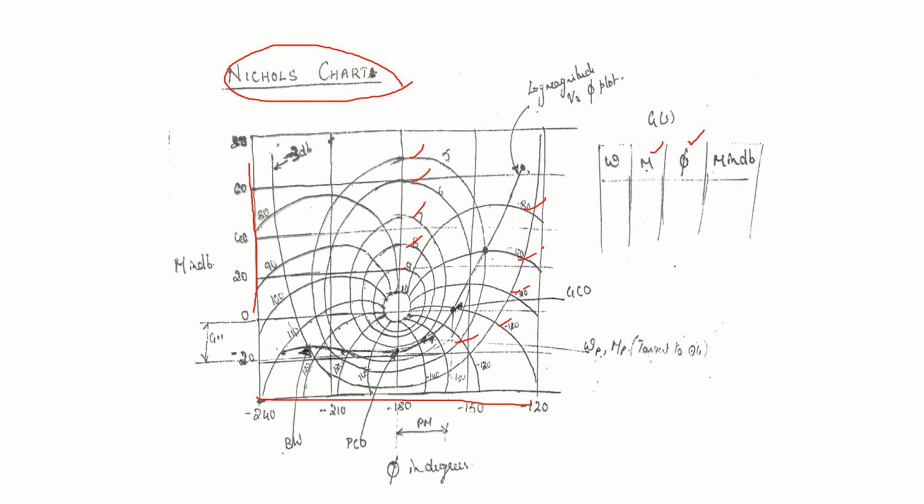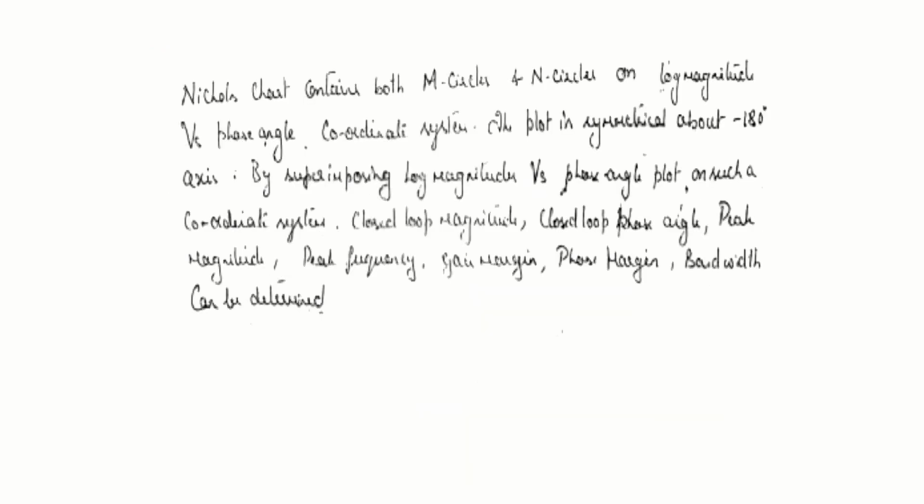Now, if I draw the log magnitude versus phase angle plot on this, at a particular frequency, I can simultaneously find the closed loop magnitude and closed loop phase angle. That is what we call a Nichols chart. This is how we can use all these charts.